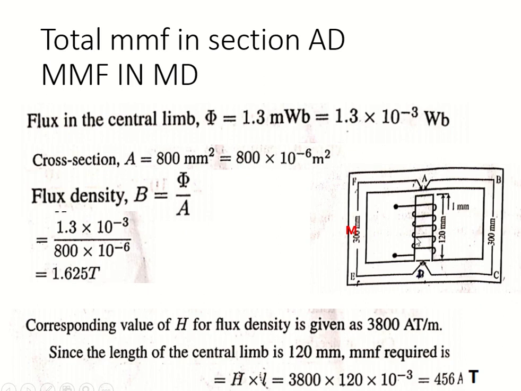Since the length of the central limb is 120 millimeter, what is the MMF, H into L? So 3800 into 120 into 10 raised to minus 3, that is 456 ampere turns is the MMF of this section. So how will you find MMF? H into length.